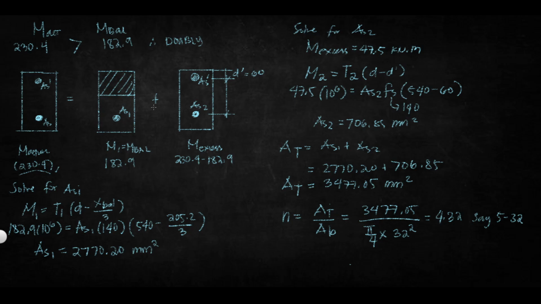So balik tayo sa moment na kinakarry. Dito, ang kinakarry na moment po ng doubly reinforced is the M actual. Ngayon, equal siya ng pinagsamang M1 plus M2.